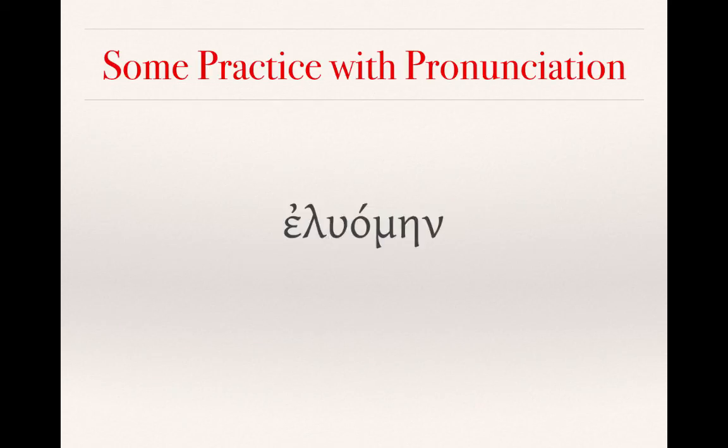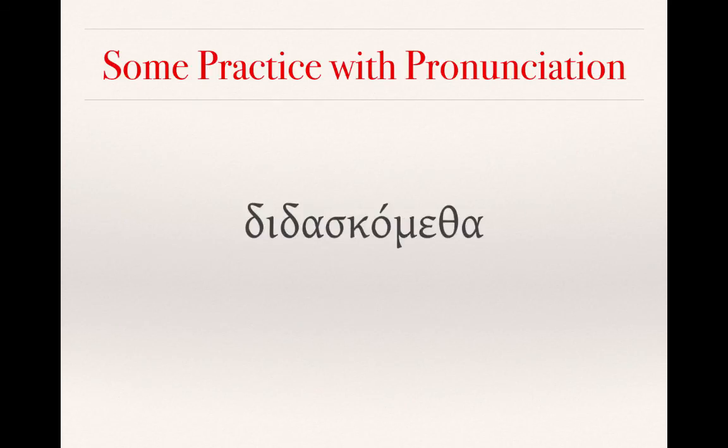The next word is eluomen. This has that upsilon sound that might be difficult for you as you're beginning this learning of Greek. Doing pronunciation based on syllables. El, u, o, men. Eluomen. And again, there's that accent over the omicron with the emphasis there.